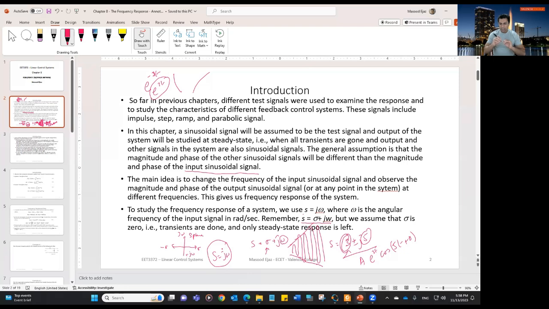Now remember, even in a test, when your test signal is a sinusoidal signal, you will still have some transients before you get to the steady state. But as I said, the steady state signal is going to be a sinusoidal signal with the frequency s equal to j omega. So that's what we are using here: s equal to j omega instead of s equal to sigma plus j omega when we observe the frequency response due to a sinusoidal signal.